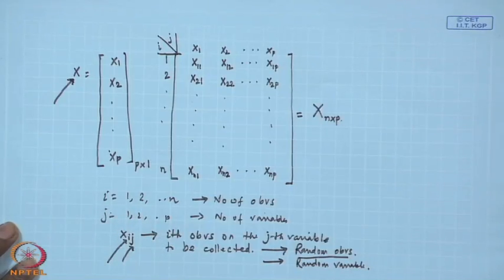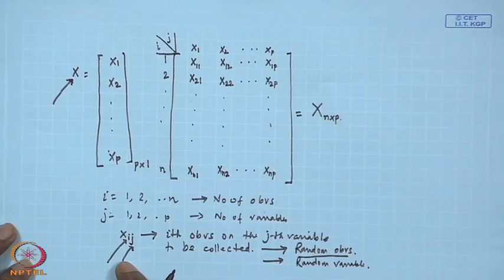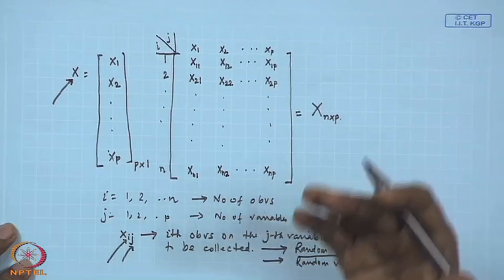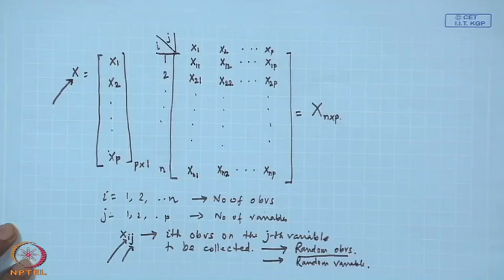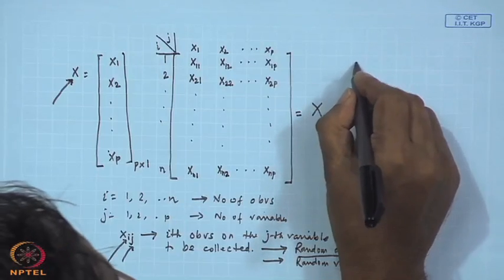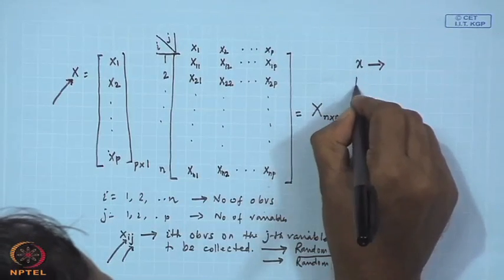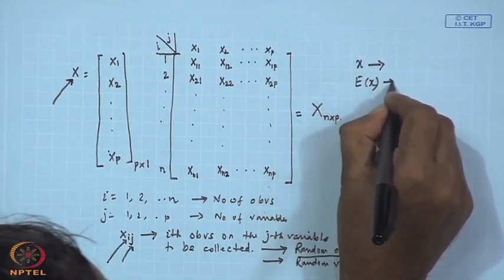So, you can expect a value of x_ij; you have some expectation. You will see in the univariate case that if X is a random variable, then the expected value of X is mu.